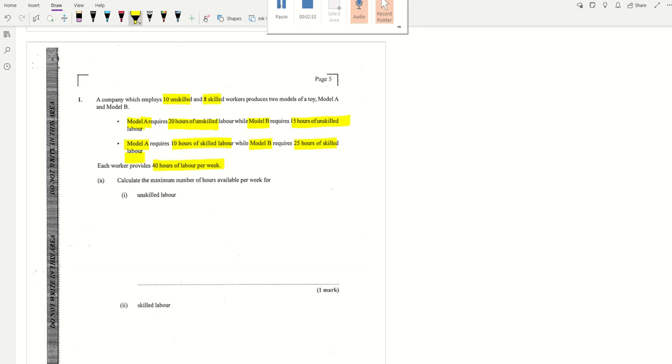Calculate the maximum number of hours per week available for all unskilled labor. Now, how many unskilled laborers do we have? We have 10 unskilled laborers. Right?